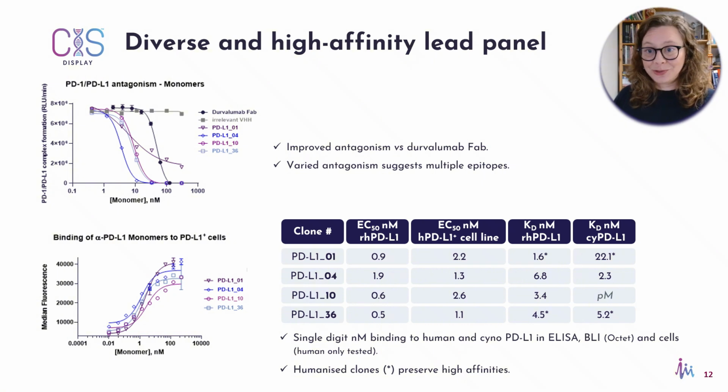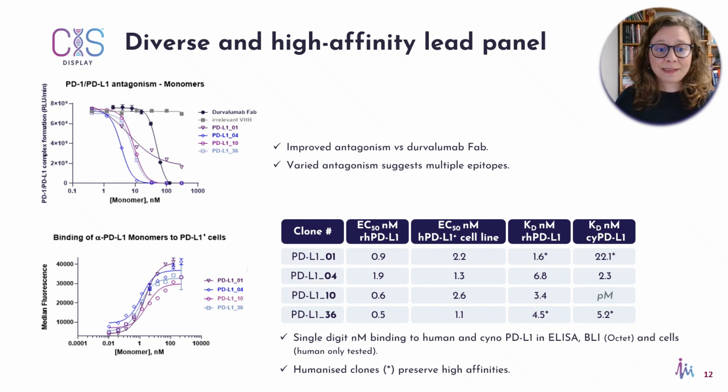I chose just to show a few of the top hits that we got from these selections, but I think it's enough to give you a flavor of what you can get out of our libraries together with this system. We have used durvalumab Fab as a positive control, and one test that we did was to check for the ability of our VHHs to inhibit the PD1-PDL1 interaction.